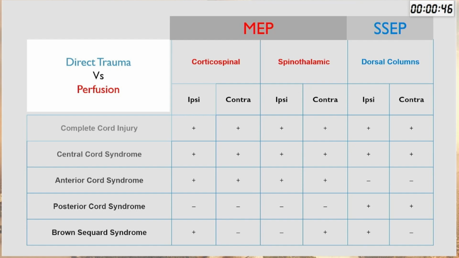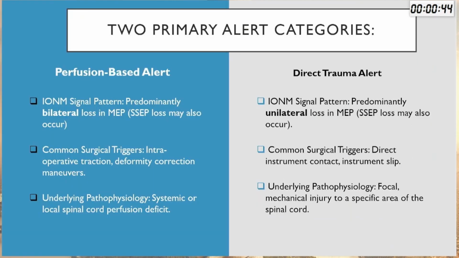And now we would like to correlate the different syndromes. Just pressing on the point, if you have a perfusion-based alert, it is usually a bilateral loss of the motor evoked potential, while if you have a direct trauma alert, usually you have a unilateral loss of the motor evoked potential. And usually here you have a reduction in the mean arterial pressure, and here most of the time a normal mean arterial pressure.